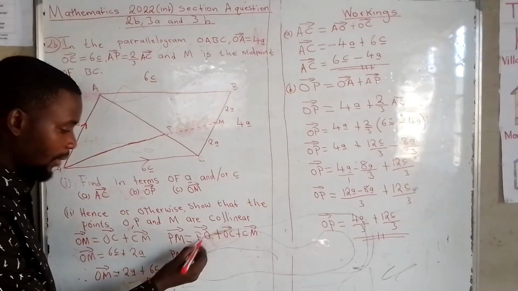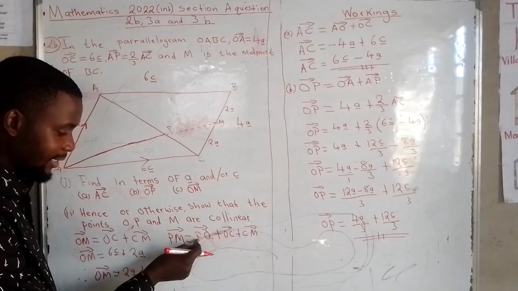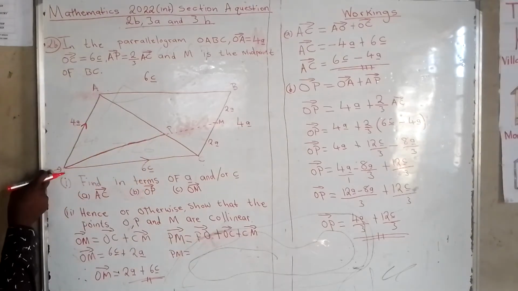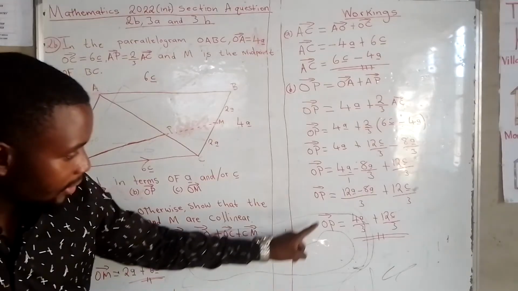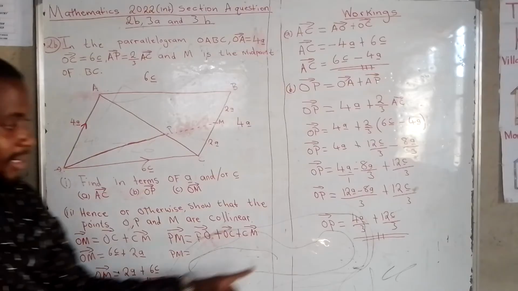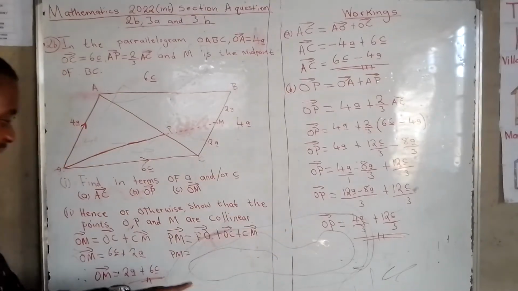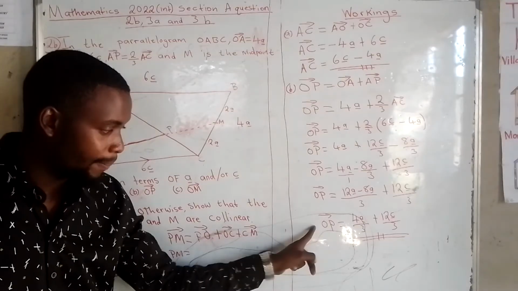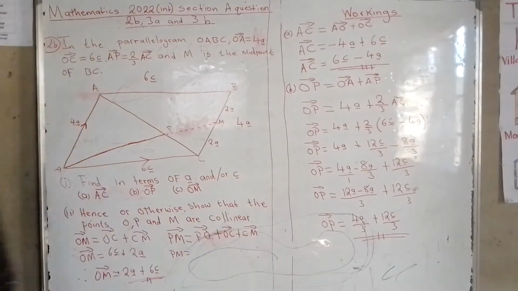PM will be equal to, what is PO? From P to O here. We found this is OP, so it's like the opposite. The opposite of OP is PO. Take note, this is OP. This is the crucial part, you really need to take note.